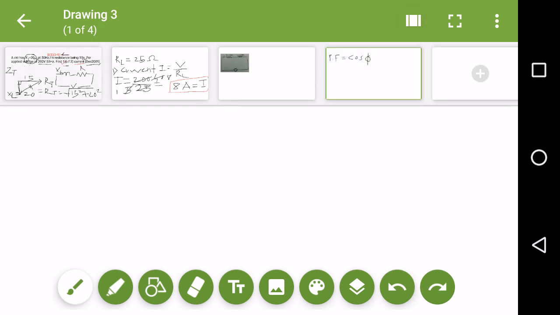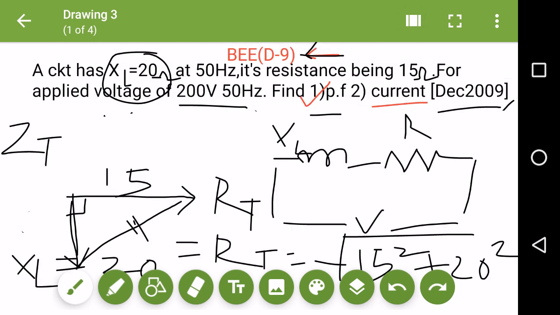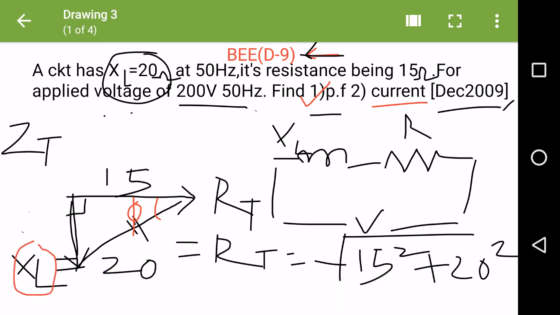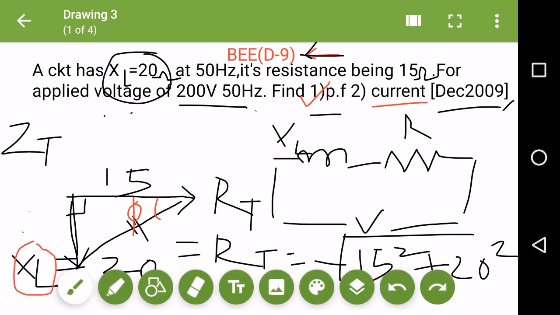This is my phasor diagram, in which you can see that this angle is phi, and the tan of this angle is opposite upon adjacent.